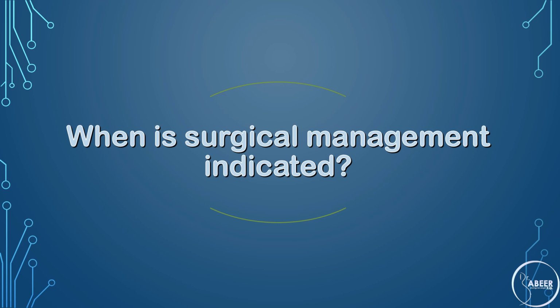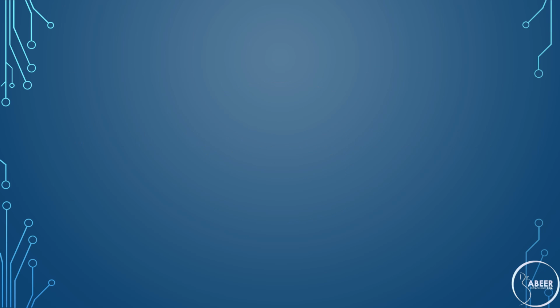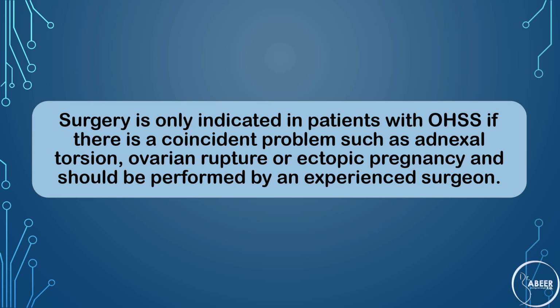When is surgical management indicated? Surgery is only indicated in patients with ovarian hyperstimulation syndrome if there is a coincident problem such as adnexal torsion, ovarian rupture, or ectopic pregnancy, and should be performed by an experienced surgeon.